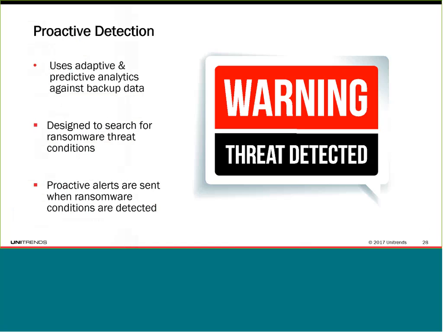Now, detection is something that's pretty new. Ransomware detection. So this involves having adaptive and predictive analytics built into the engine of the backup system, analyzing that data as it comes in, searching for algorithms and other conditions that would expose a ransomware threat in the production environment, and then alerting its users and IT administrators proactively when those conditions are detected.